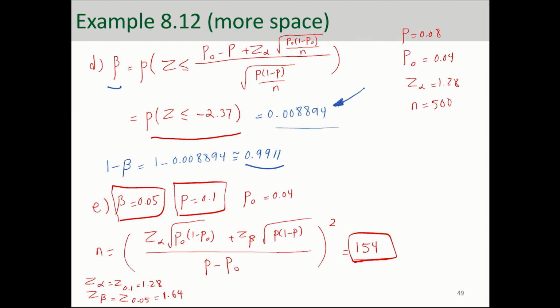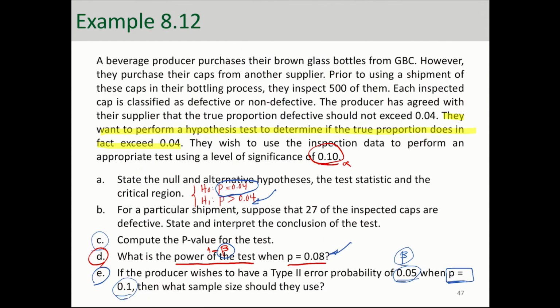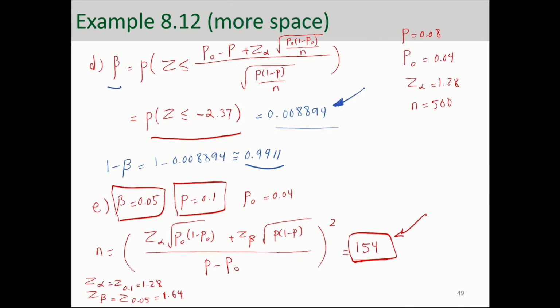So basically you can see that they can collect less sample. In this test they were collecting 500 and testing them. Now if they have these criteria, then they can go with a smaller sample size, which is less costly to do that test.